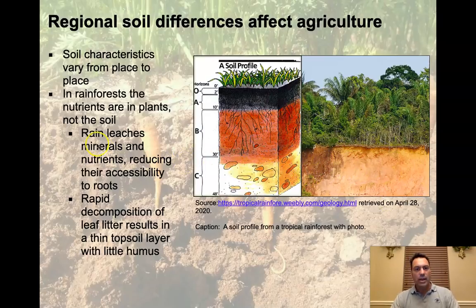Okay, so rain will leach the minerals and nutrients, reducing the accessibility to roots, and rapid decomposition of leaf litter results in a thin topsoil layer with little humus. So this is where the whole action happens. And so if you do any damage to that upper couple of inches, you can damage this whole thing for a very long period of time. And so this is what we see for a soil profile from a typical tropical rainforest in the Amazon, for example.